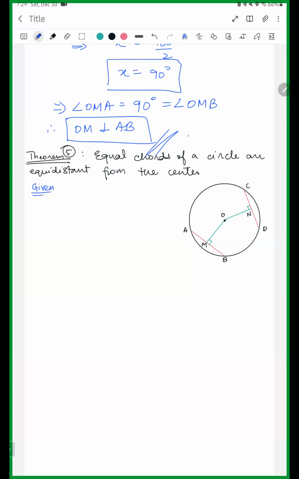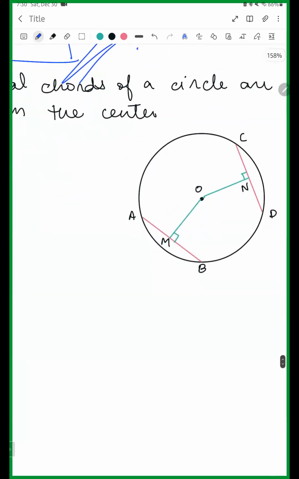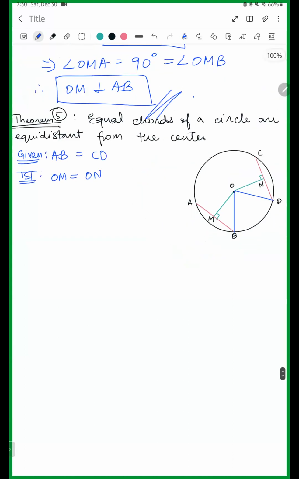Given the chords are equal, meaning AB is equal to CD, to show that OM is equal to ON. So how do we show this? You can take this triangle and this triangle if you want. You can take any of these two triangles.